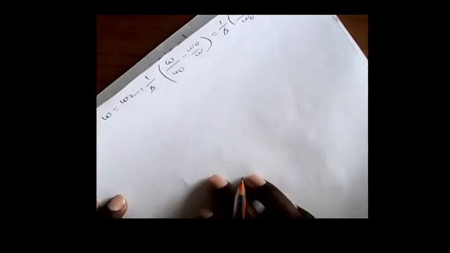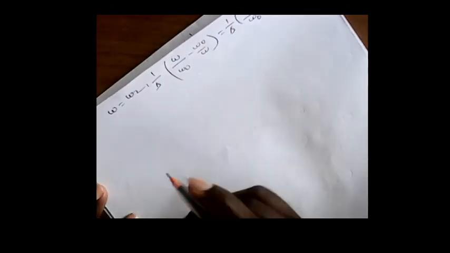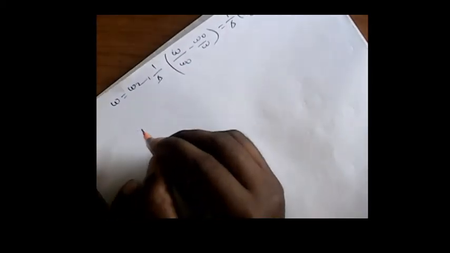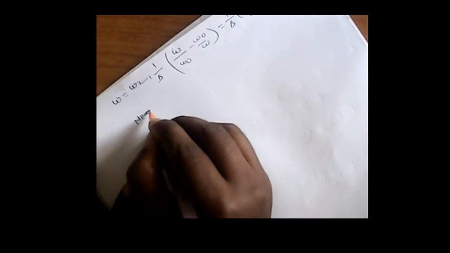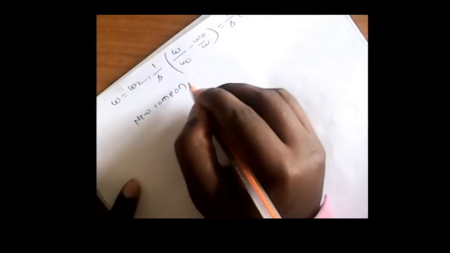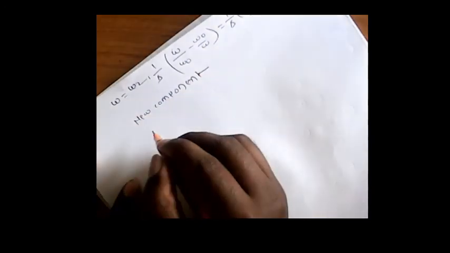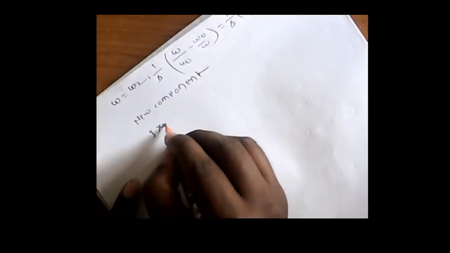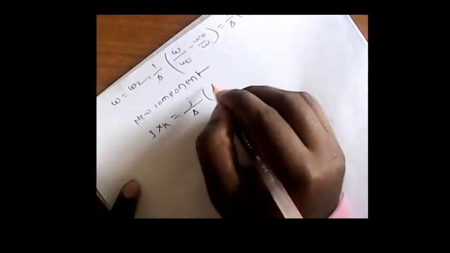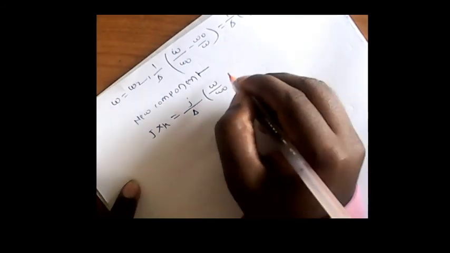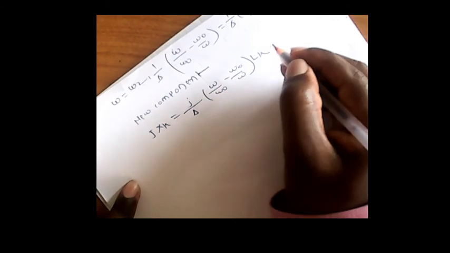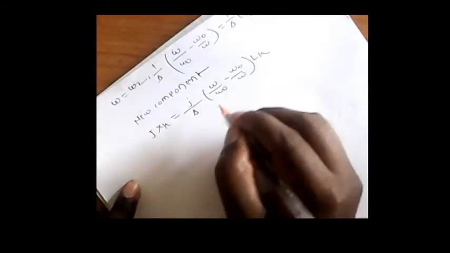So the new filter elements are determined by the equations. So we get the series reactance, new component values for the band pass filter. Series reactance, that is jXk, is j delta, omega divided by omega 0 minus omega 0 divided by omega, times Lk.